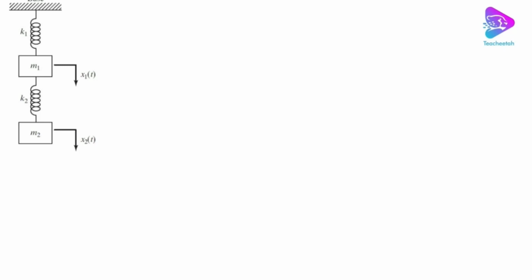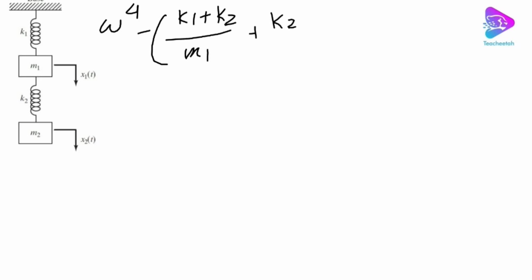If you don't remember that, you can simply review our videos on differential equations. So what we ended up with is omega to the power of 4, minus (K1 plus K2 divided by M1, plus K2 divided by M2) times omega squared, plus K1 K2 divided by M1 M2.